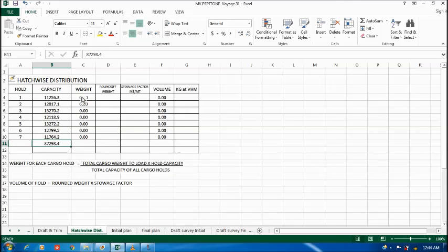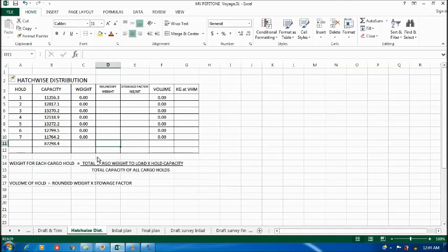So how do we get the weight? By applying this formula. Weight for each cargo hold equals total cargo to load, which is 68,100, multiplied by the hold capacity of cargo hold number 1, divided by the total capacity of all cargo holds, 87,298.4, which gives us the weight of each cargo hold.